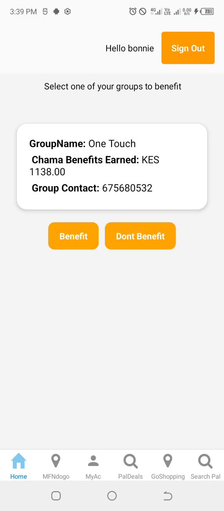So instead of the member going back to their pockets to look for these funds, MiFedha allows them to raise these funds passively. For now, I want to demonstrate the other product.